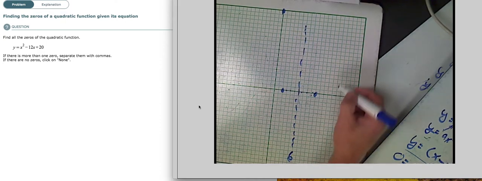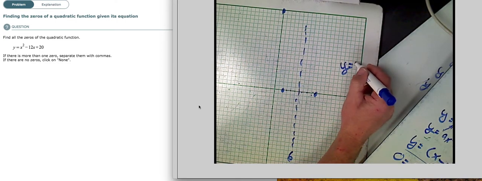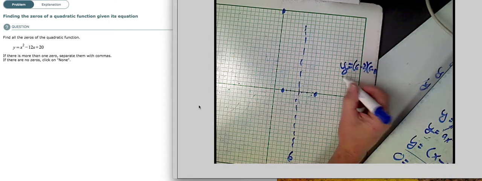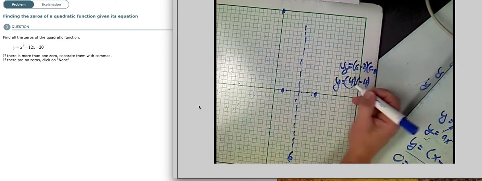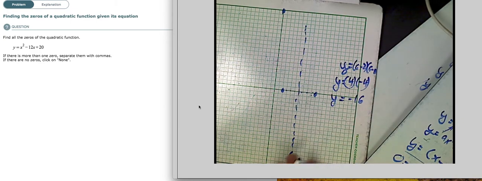And if I want to find the y-coordinate of my vertex, all I have to do is plug it in. So y equals 6 minus 2 times 6 minus 10, or y equals 4 times negative 4, which will be y equals negative 16, which is about right there.